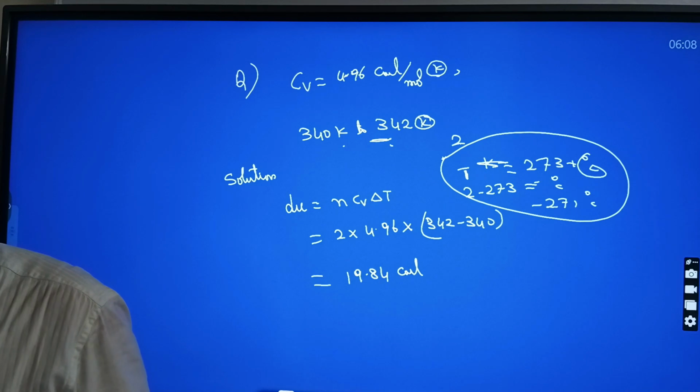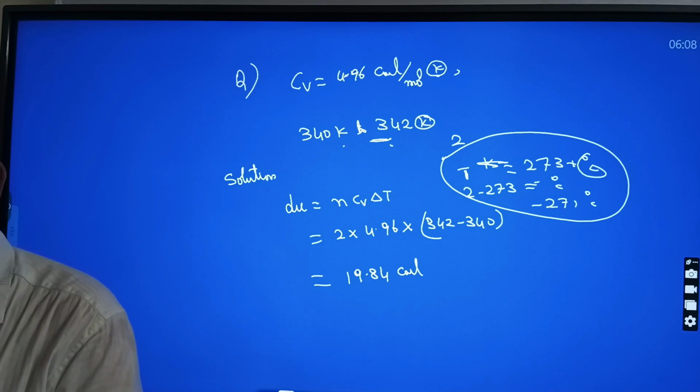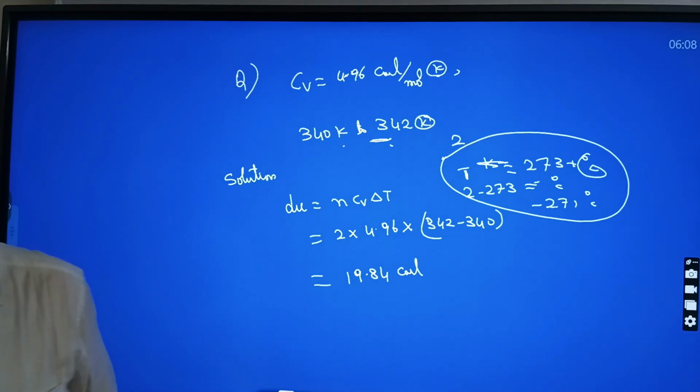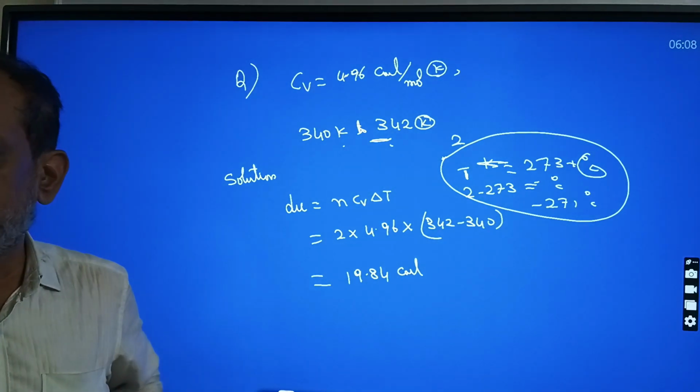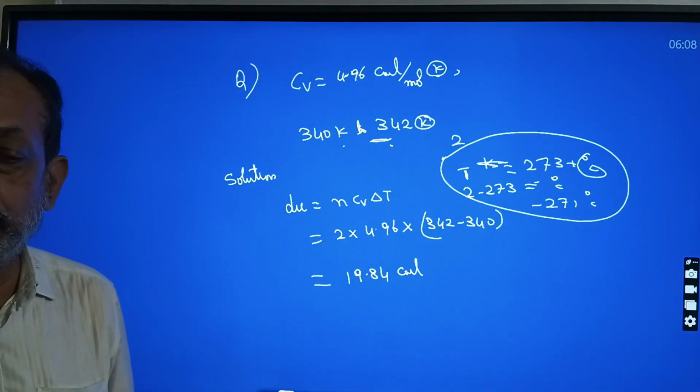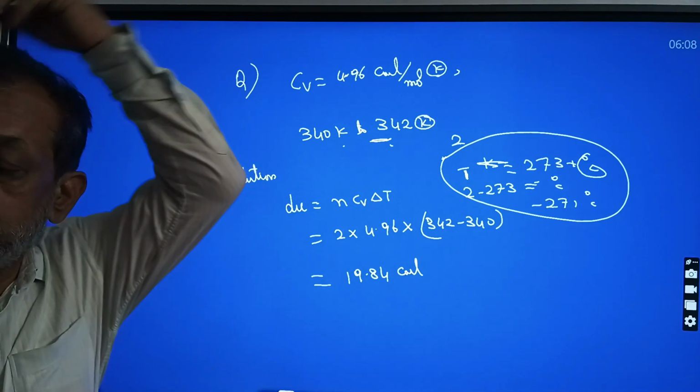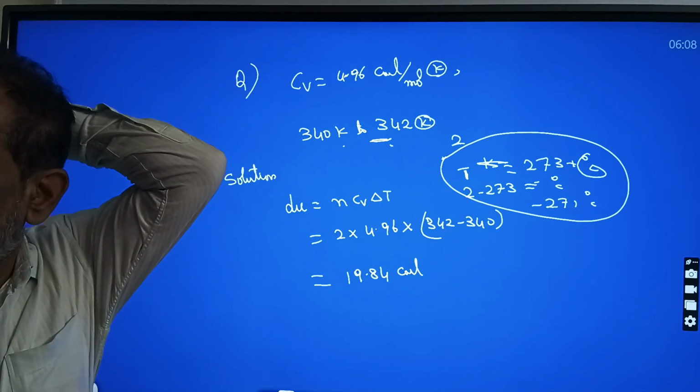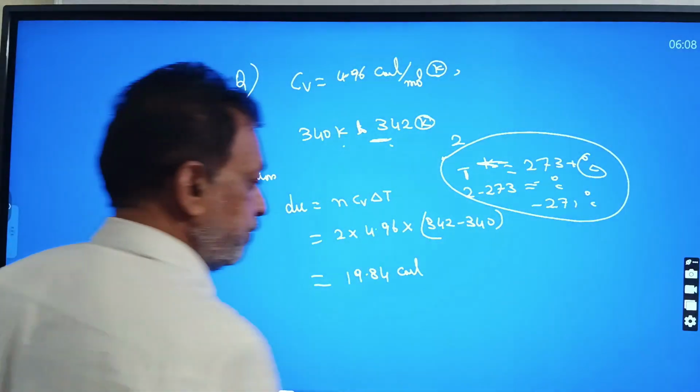Next one. The relation between the internal energy U and the adiabatic constant gamma.